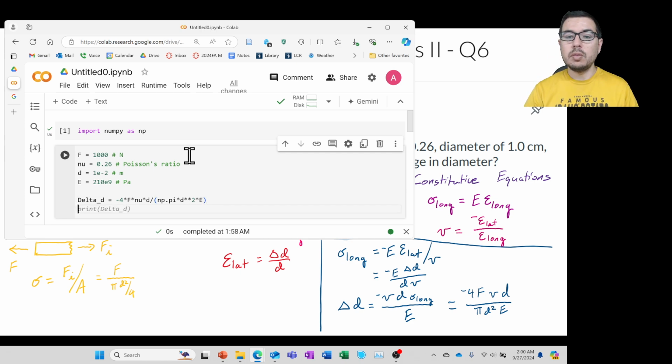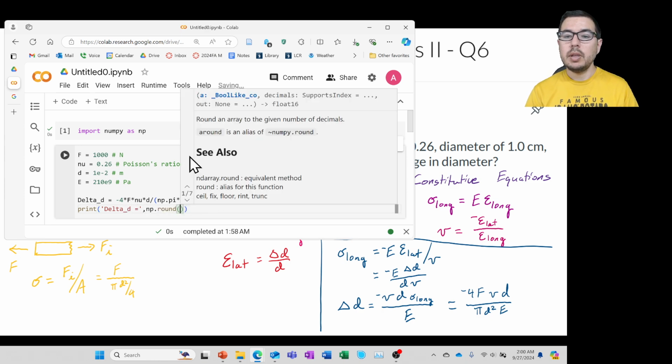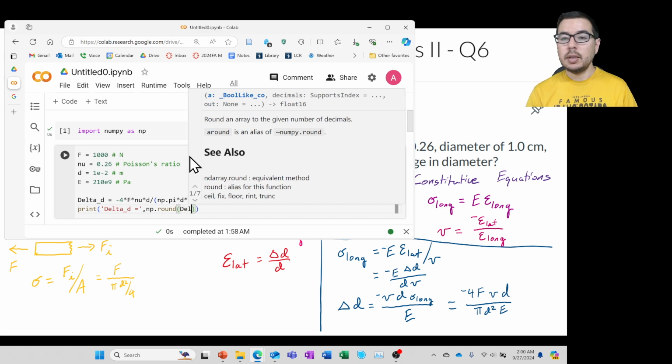And then we'll just do a print, delta d is equal to, and we'll do np.round. So this is going to be delta d. Okay, now it's all the way in nanometers.